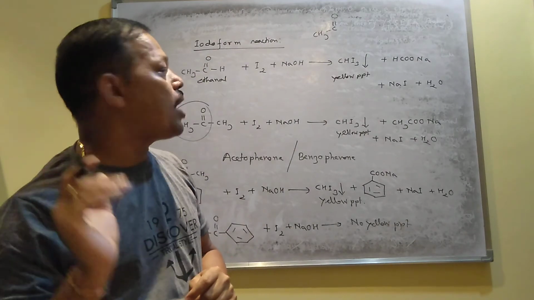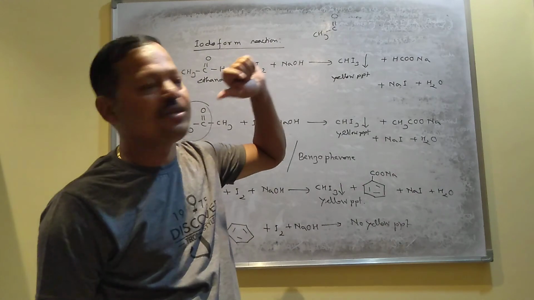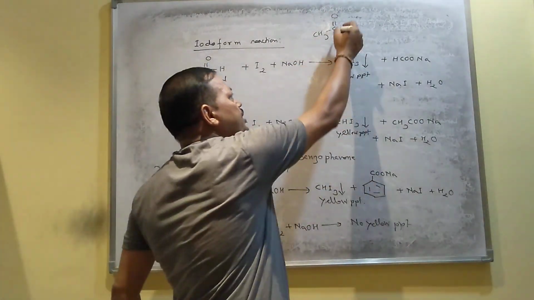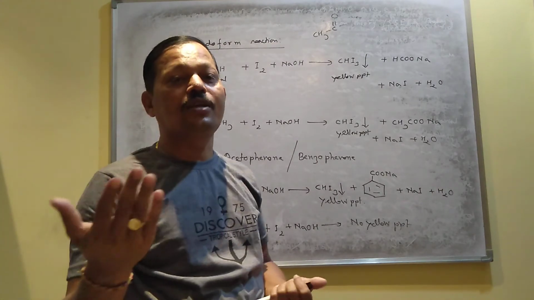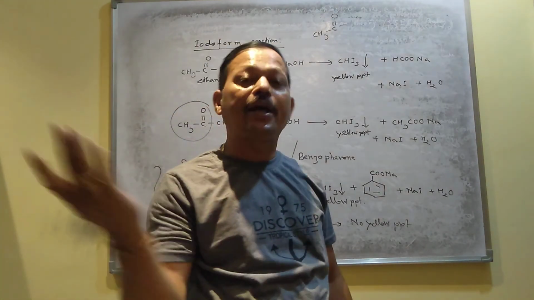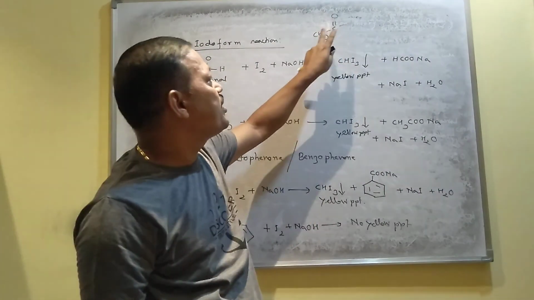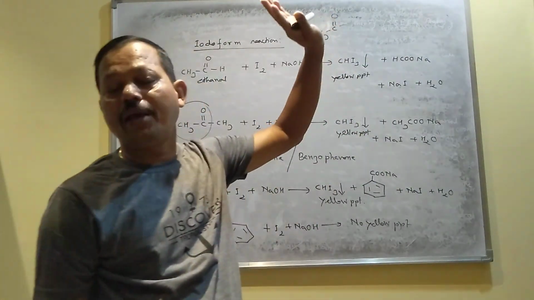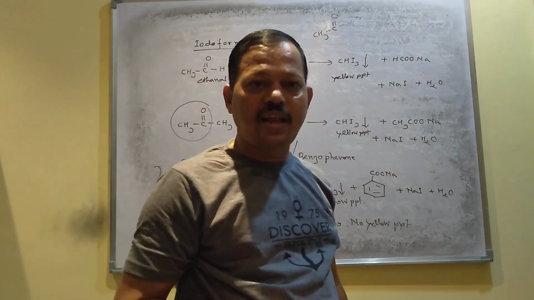If the compound shows the iodoform test, then your compound must contain this group, whether it is an aldehyde or a ketone, otherwise it cannot show the iodoform reaction. And if the question says the compound cannot show the iodoform reaction, that means this group should be absent, I mean the CH3C double bond O group should be absent. So in this way you will get the idea in your question answering.